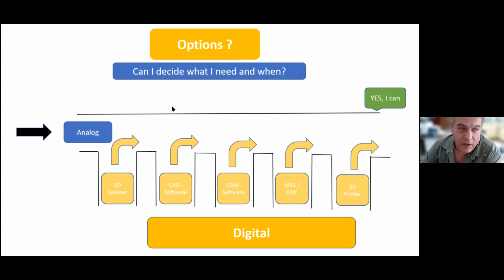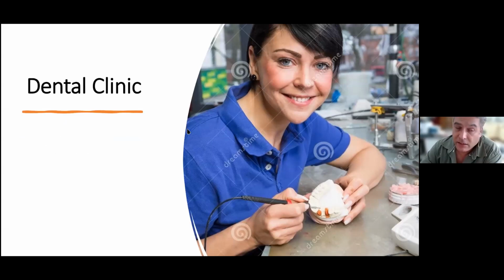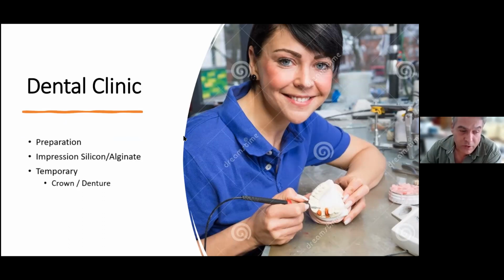So let's have a look at the analog phase. We always have a dental clinic, and we also have a dental laboratory part. The dental clinic, of course, does the preparation, as we all know, and the impression, silicone or alginate, and most probably a temporary crown or a denture.